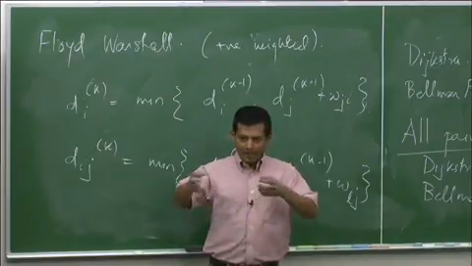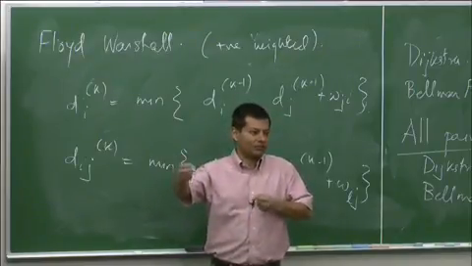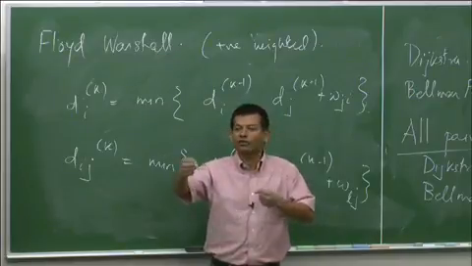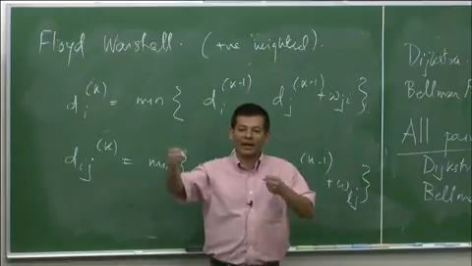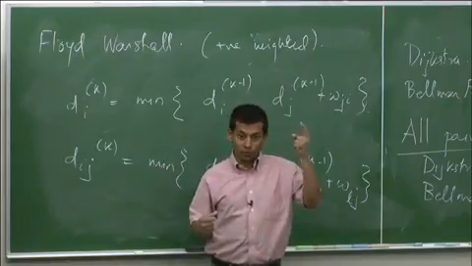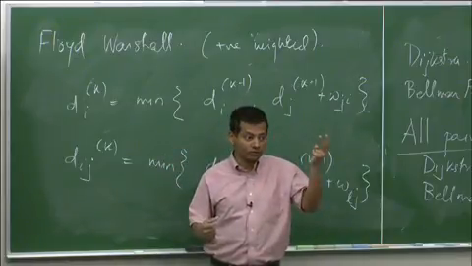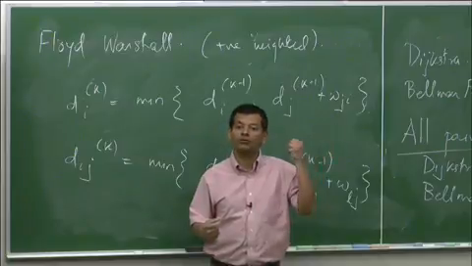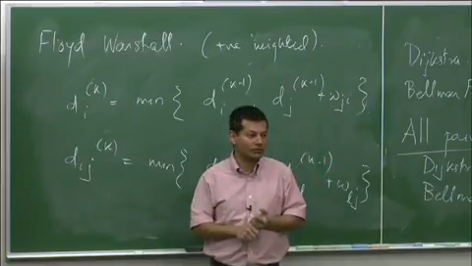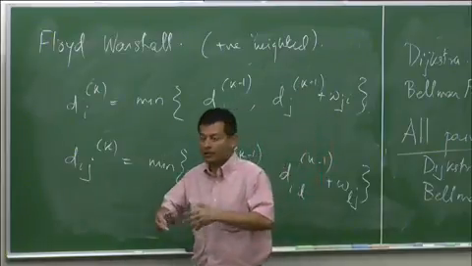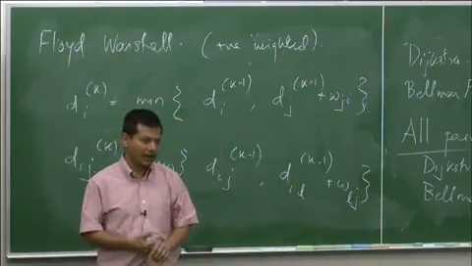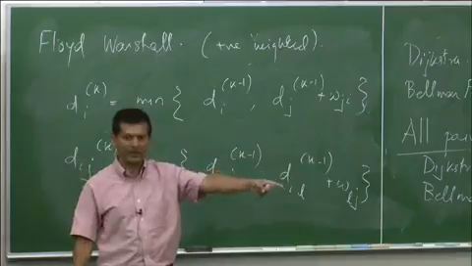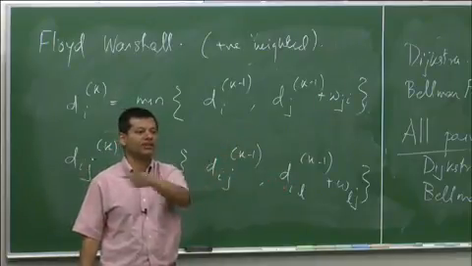However, apart from the source and the destination, which are allowed to be all pairs, the intermediate nodes I will only allow to be either node 1, or 1 or 2, or 1 or 2 or 3, or 1 or 2 or 3 or 4, and so on and so forth. Where are these indices coming from? I have just taken all the nodes and ordered them randomly. I took all the nodes, I said you will be number 1, you will be number 2, you will be number 3, and so on and so forth.